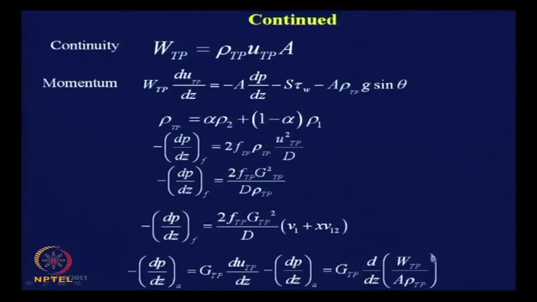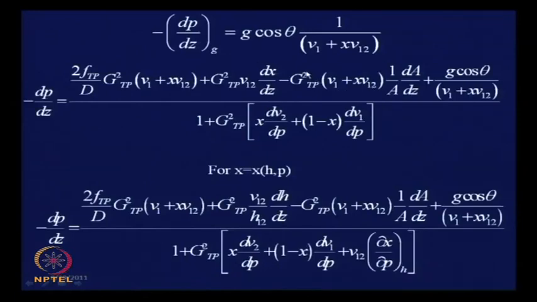We find that the acceleration pressure gradient can change due to a change in density, and it can change due to a change in area. In our case, we do not consider the change in area at all, it is a vertical circular pipe. So, this particular term is no longer there.